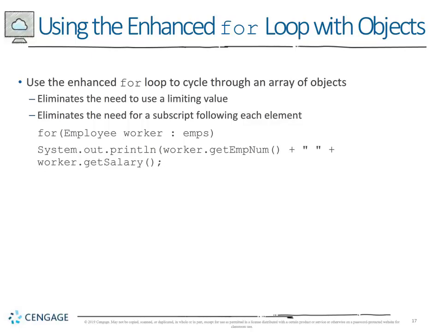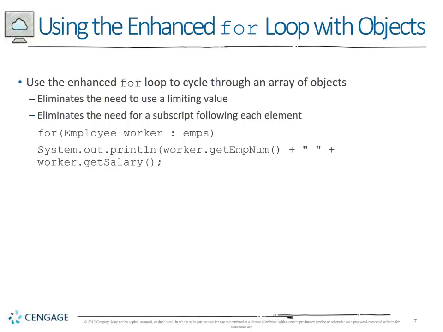For example, to display data for 7 employees stored in EMPS array, we can write the following. For employee worker : EMPS, we have a printout line, then worker dot get employee num, then worker dot get salary.